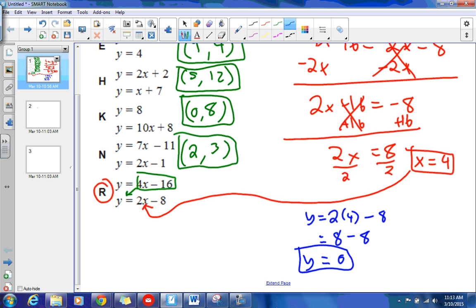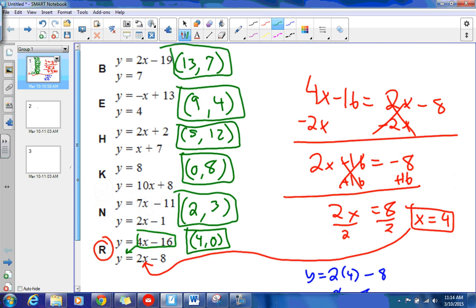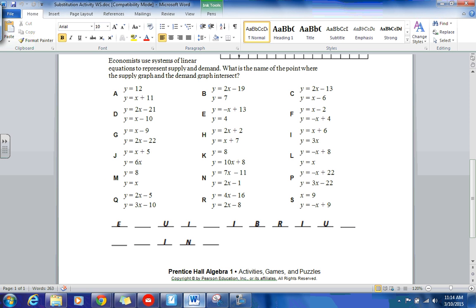So we have our x, we have our y. We have our ordered pair, which would be x is 4, y is 0, and there's your solution.